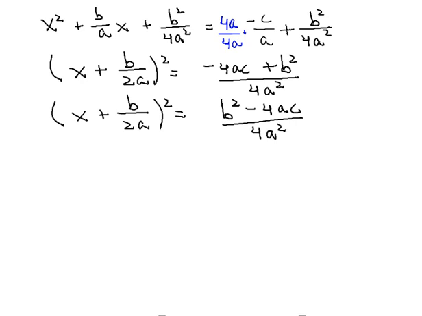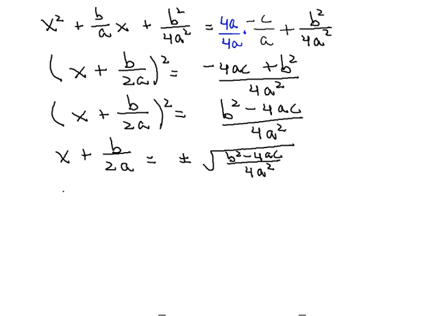At this point you know we need to take the square root of both sides, so we'll have the next x plus b over 2a is equal to, and don't forget we want both the positive and negative square root here, so we put the double sign in front. So we then have b squared minus 4ac all over 4a squared.